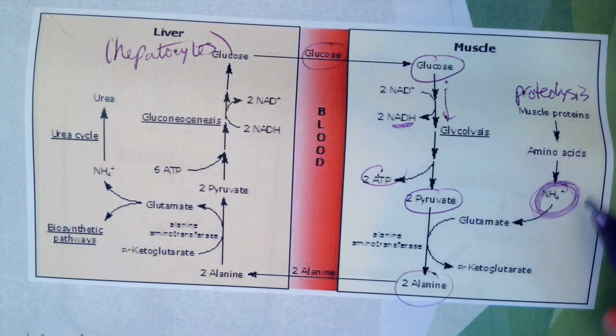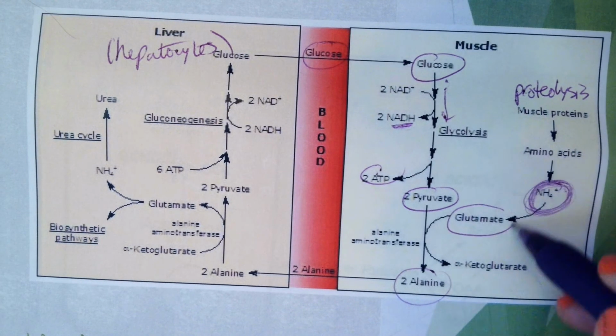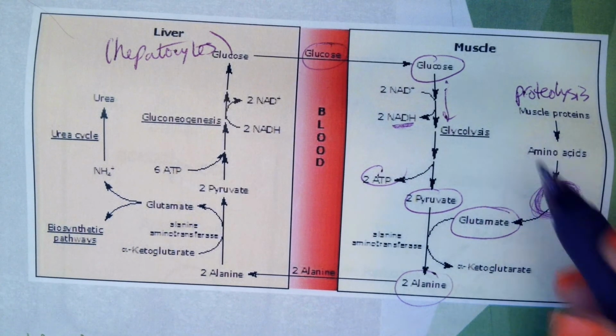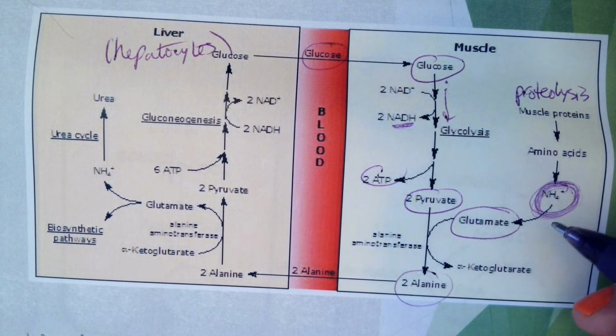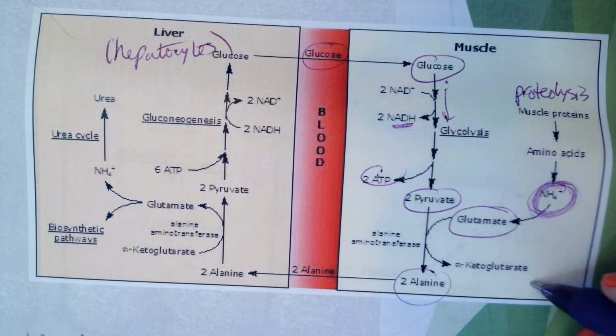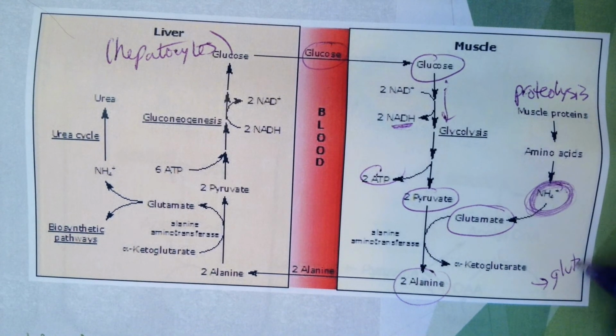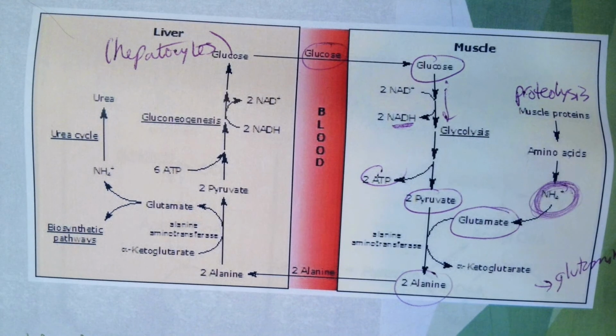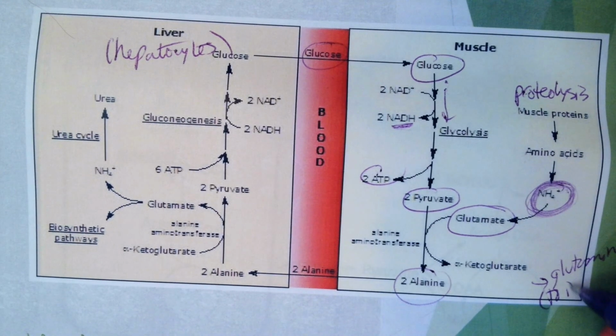And then we get glutamate, in this case. So remember, we had glutamate for the production of glutamine and also for alanine. Here we're looking at alanine. It could just as easily be going for glutamine too. I'll put that over there if we were going to the intestines.